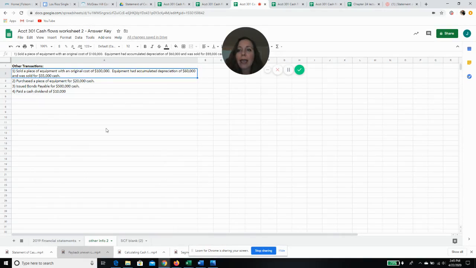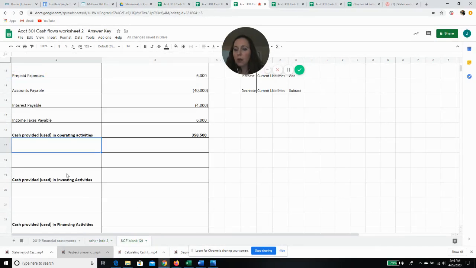So the important thing here is the cash. I debited cash, $55,000. So I'm going to call this proceeds from the sale of equipment, and positive 55,000 because I debited cash.